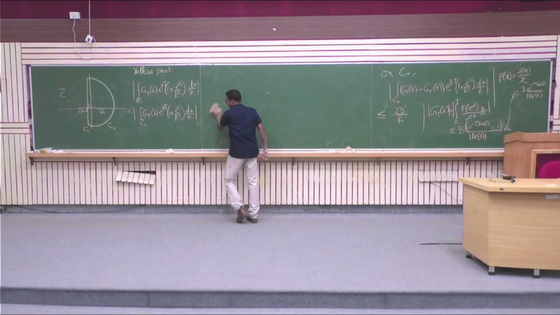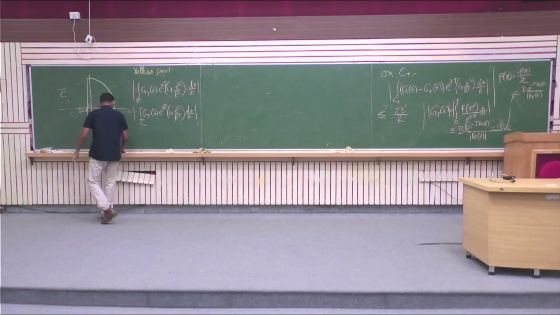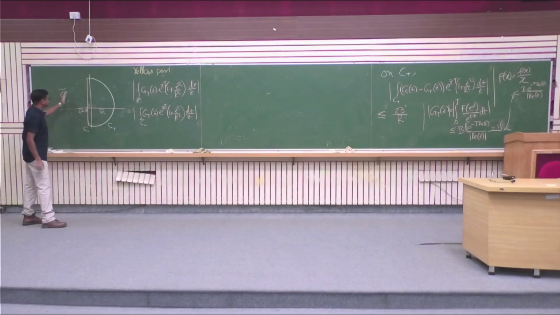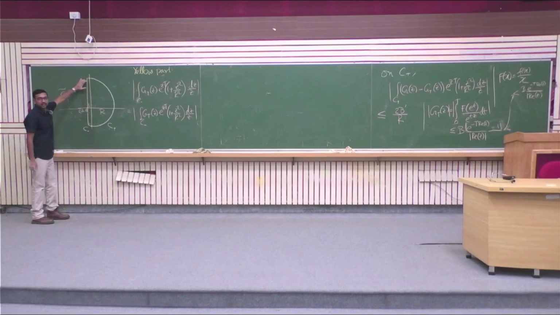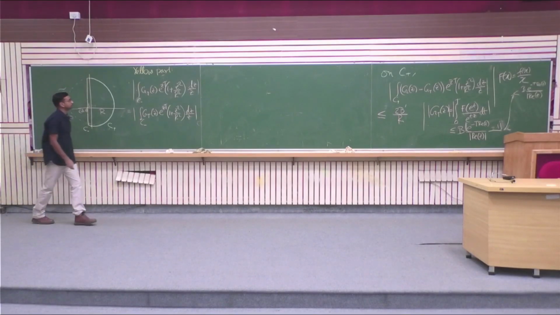We cannot shift the contour to C tilde for G, because all we know is that G is analytic on this line. Okay.